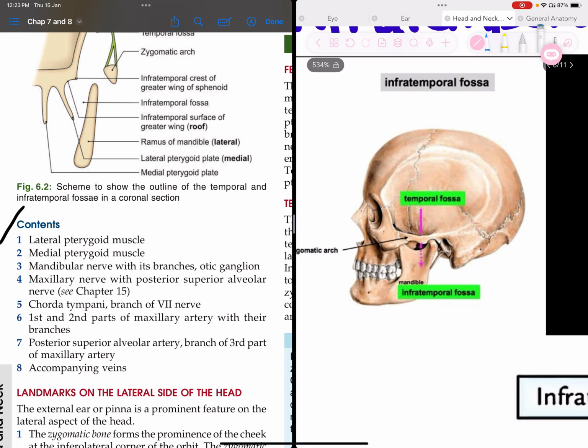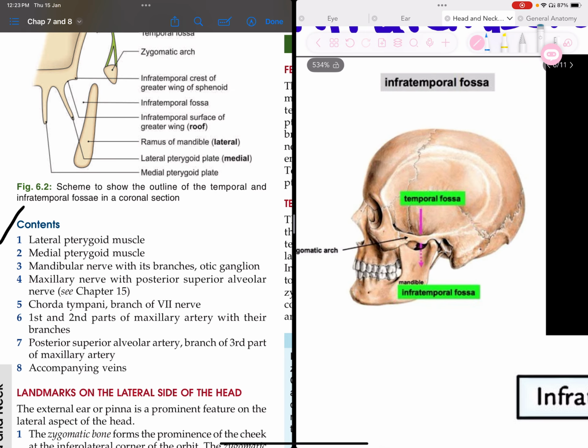So below the temporal bone, infratemporal is going to communicate with the temporal fossa through the gap deep to the zygomatic arch. Then it will communicate with the orbit by way of the inferior orbital fissure. I hope you understood where the inferior orbital fissure is, right here. It's going to communicate with the orbit right here.